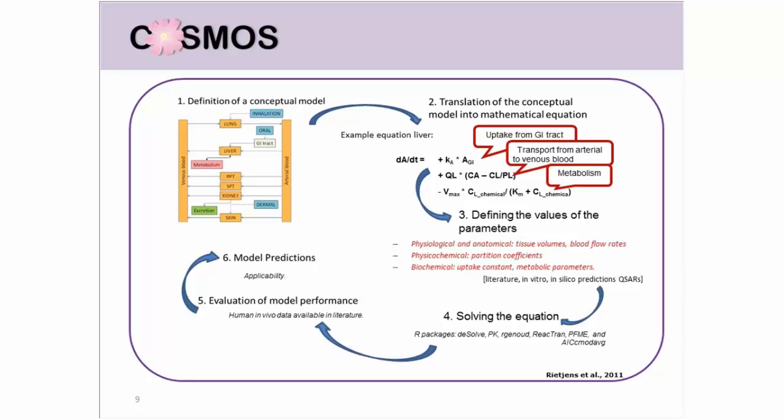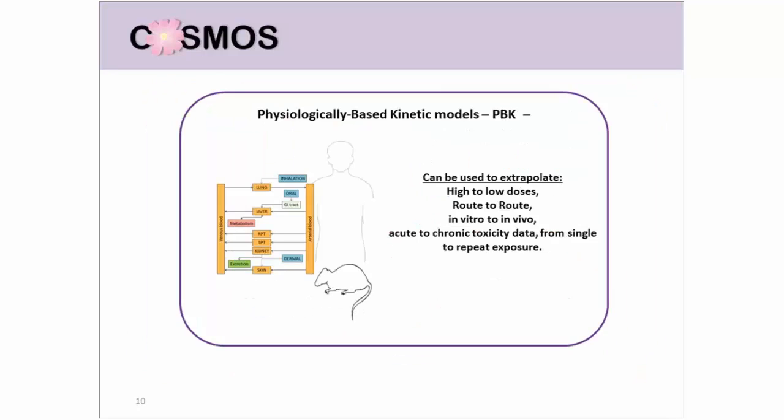The applicability of this type of model, especially in risk assessment, is to go from a high dose that is used in rodent testing to a low dose that is more relevant for human exposure, and for route-to-route extrapolation, so going from absorption through the skin to oral, which is more common, and also for in vitro to in vivo extrapolation.